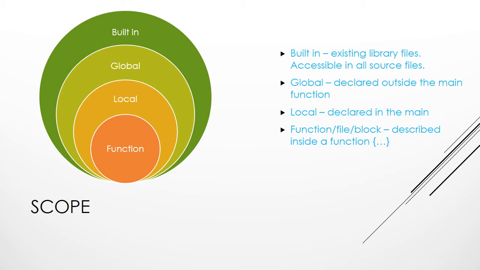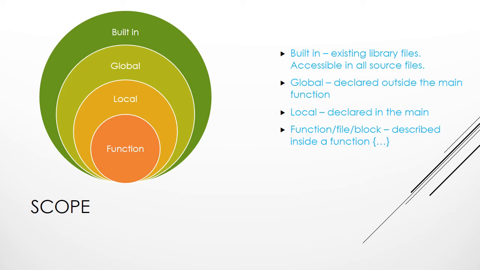So far we have defined many local variables. Most of the variables we have defined are local variables, and I can use these variables throughout the main function but not outside the main function.